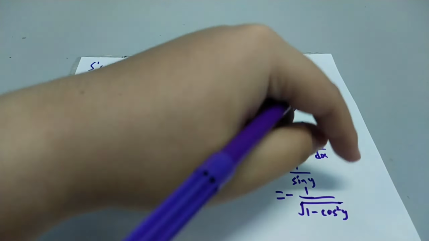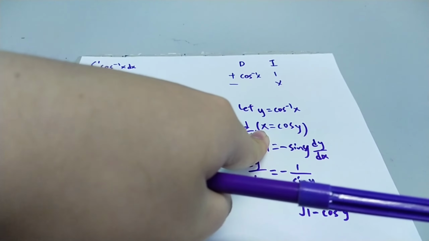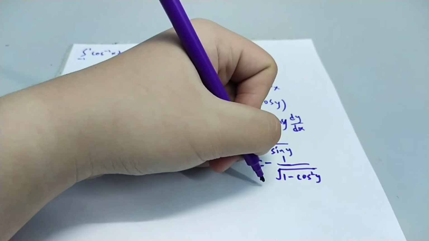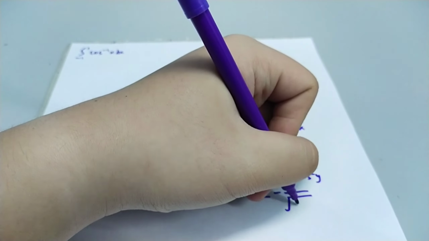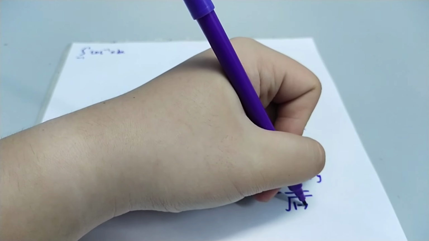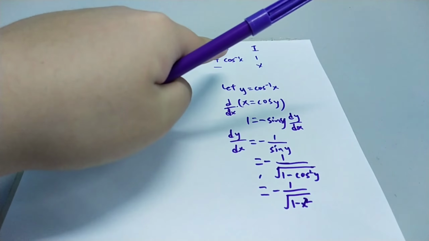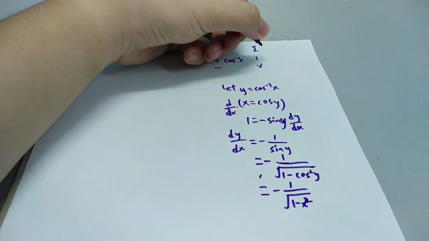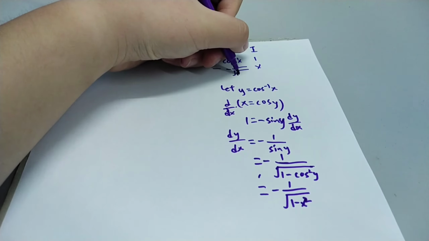And now here's the thing, cosine of y is equal to x. Do you remember this? Cosine of y is equal to x. So this is going to be equal to negative 1 over the square root of 1 minus x square. So the derivative of inverse cosine of x is equal to negative 1 over the square root of 1 minus x square.